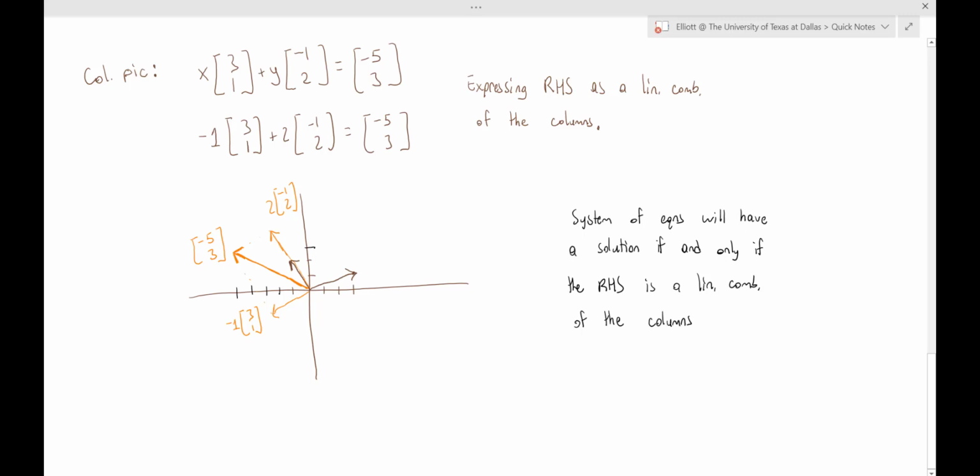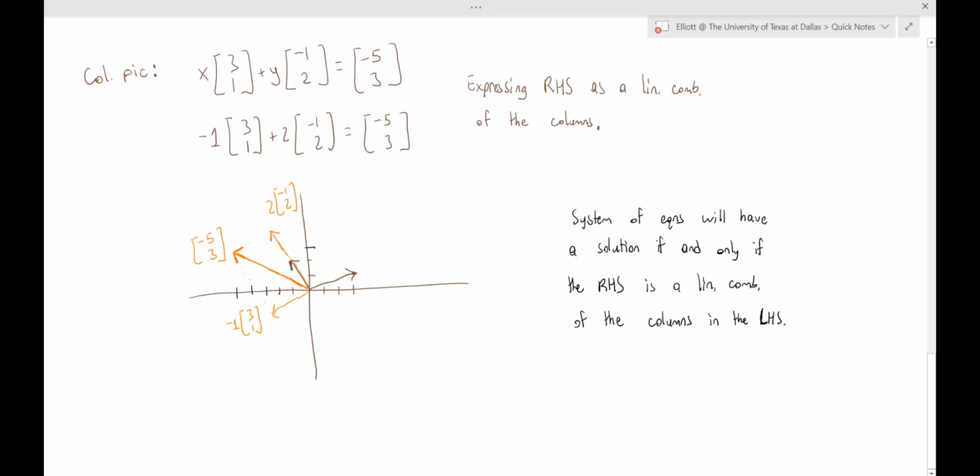of the left-hand side, I'll say. Right, because if you have a solution, then this would reveal that the right-hand side was a linear combination of these columns.